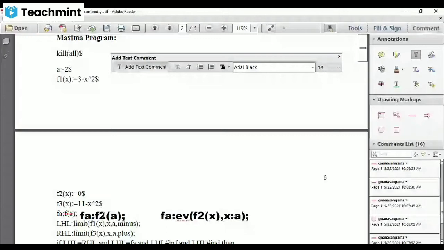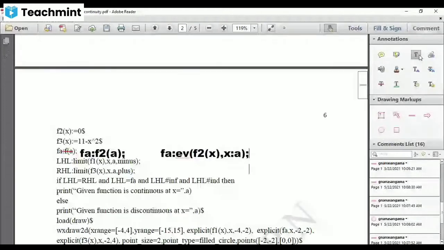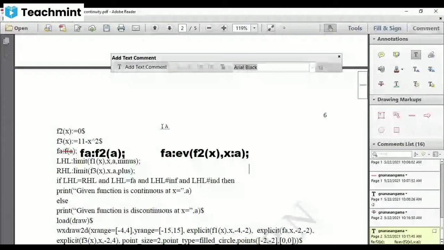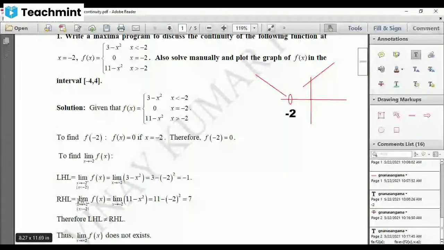Okay. After that, we need to find the limit. So let's find out the limit. For finding the limit, you have to find the left-hand limit. So LHL will come. What is your LHL? Remember in the case of the left-hand limit, your x is less than -2. When x is less than -2, what is your function? 3 minus x square.